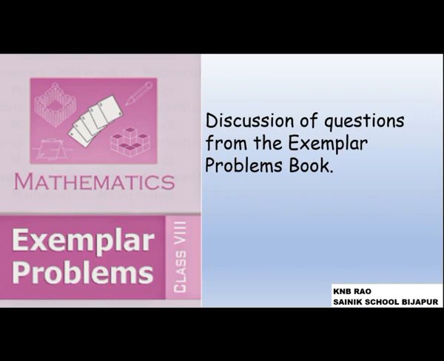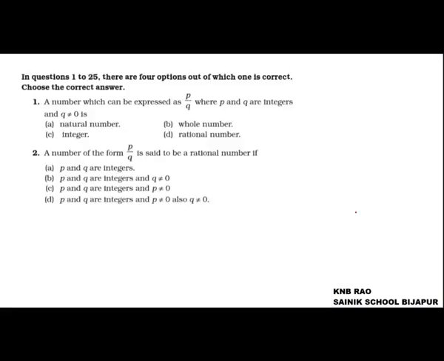Students will continue with the questions of the exemplar. Here I have got 1 to 25 questions of the type MCQ, multiple choice questions, wherein 4 options are given. You have to choose one correct answer.